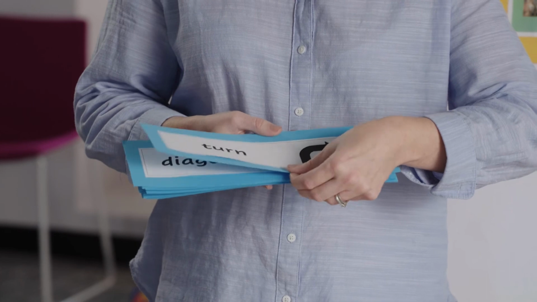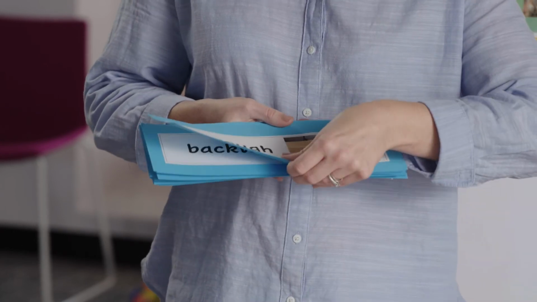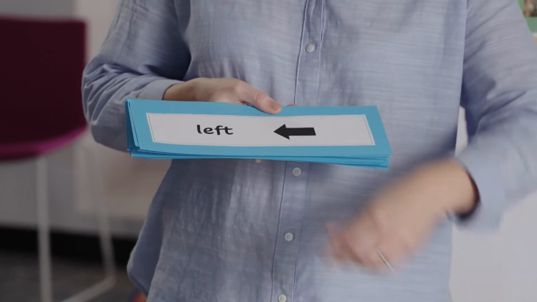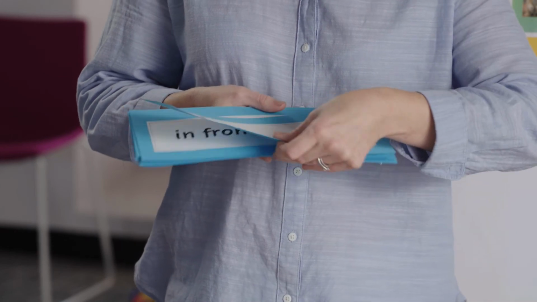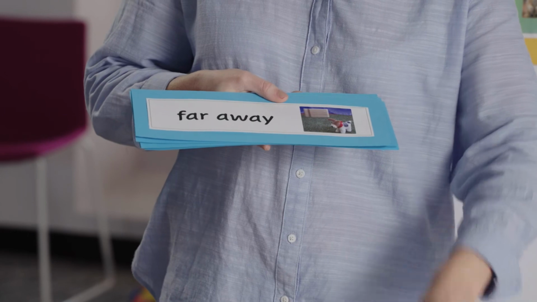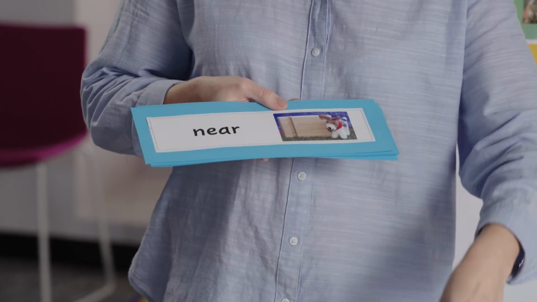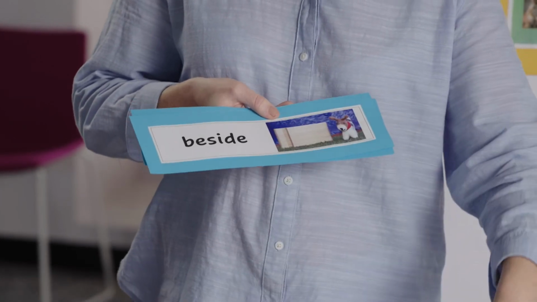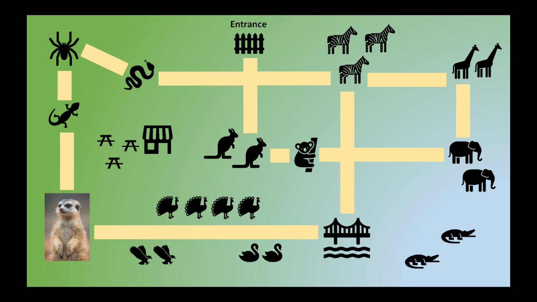We used words like around, turn, diagonal, forwards, through, backwards, straight, left, up, down, right, in front, far away, under, on top, near, behind, between, beside, out. Now, don't forget to pause the video on the map to help Lenny.